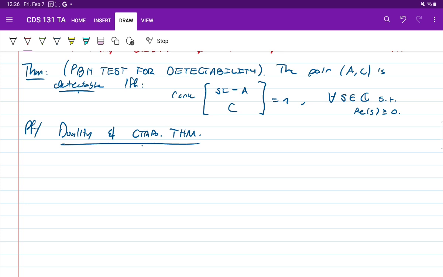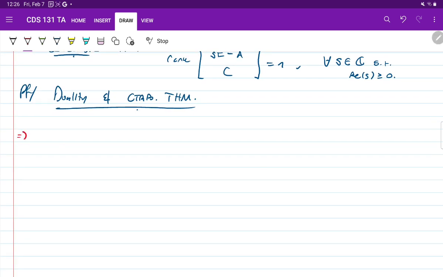The nice thing is we can put the observability and controllability decompositions together. We can combine the controllability decomposition from last time, which split our space into a controllable and an uncontrollable component, with the observability decomposition we just talked about, which splits our system into observable and unobservable.